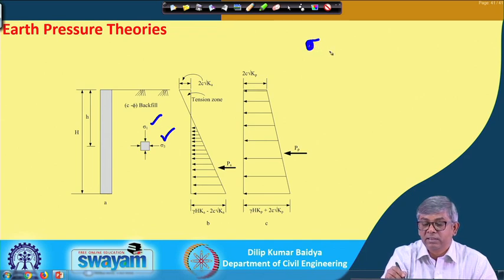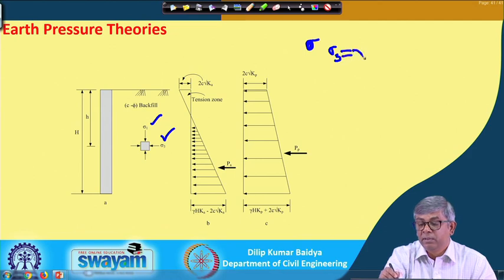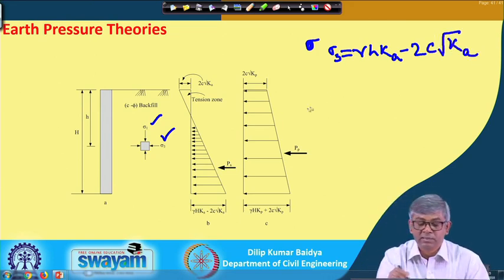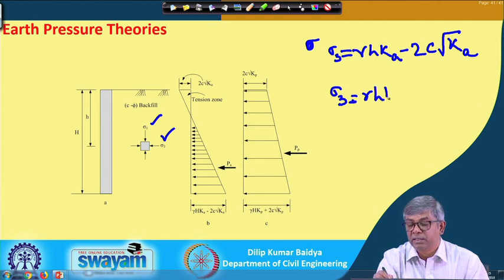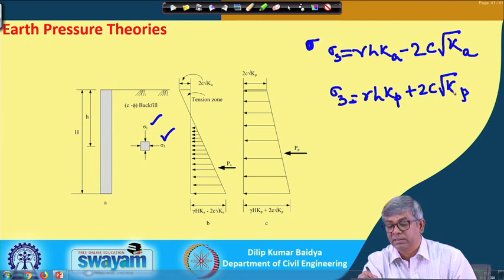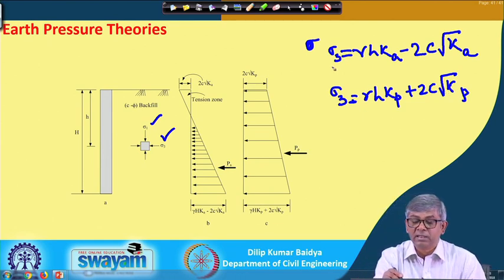Sigma 3, when it is active, becomes gamma h k a minus 2 c root k a, and when it is passive, sigma 3 will be equal to gamma h k p plus 2 c root k p. If I keep them side by side, this is the difference: this is sigma active and this is sigma passive.